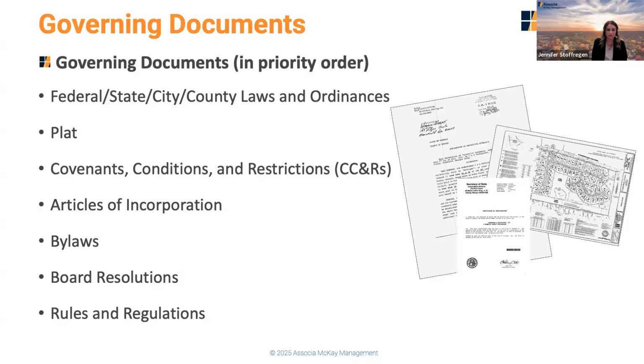Your bylaws are essentially then the how the business will operate. So it's the rules around what the board members can do, what they can't do, what financial decisions they can make for the association, how they can assess, how they can't assess, what they can do to follow up on the late assessments, and essentially how the business will be run.